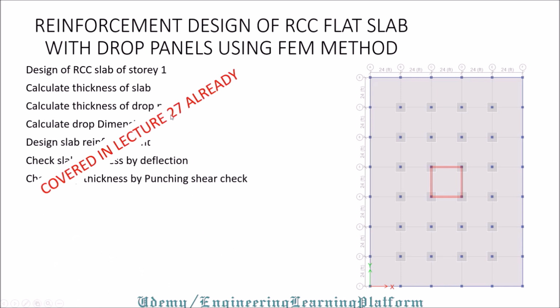However, these points are already covered in lecture 27 of the Etabs Udemy course, so I'll be skipping them. If you want to revise them, you can go back to lecture 27.